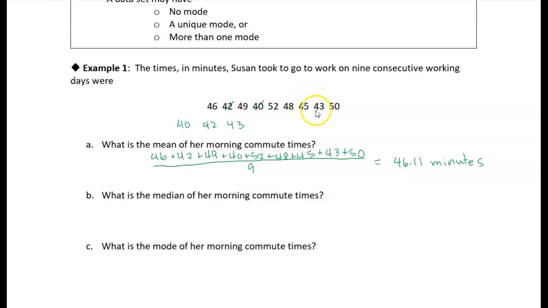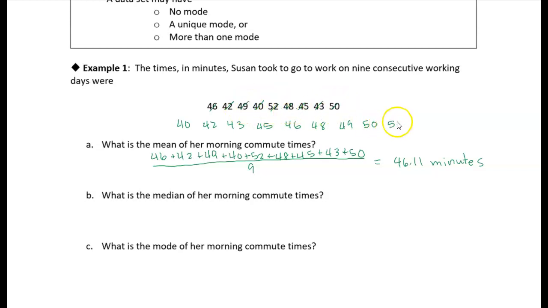The next one is 45, and I see a 46. Then we have 48, 49, and 50. Let's cross those out, and the only thing left is the 52.